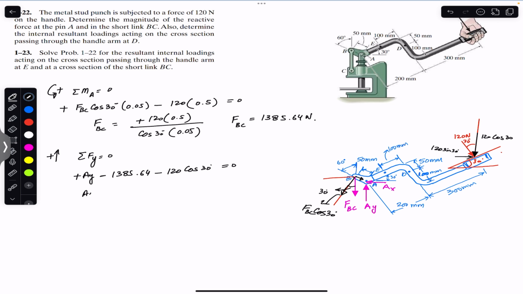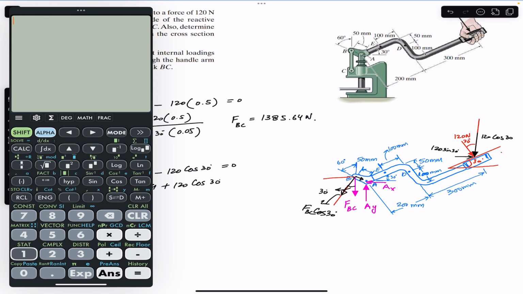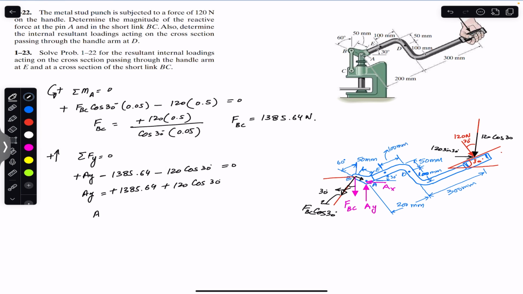So from this we can say that ay is equal to 1385.64 plus 120 cos of 30. So this is 1489.56. So ay is equal to 1489.56, and since we got the positive sign, this means that ay is acting in the positive y direction.